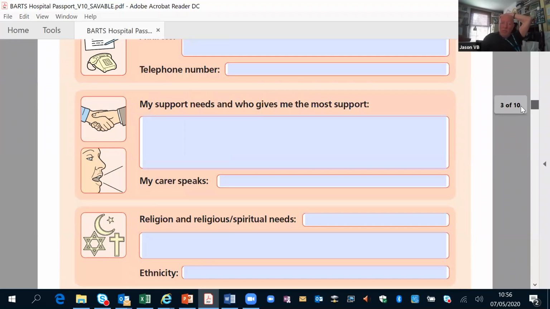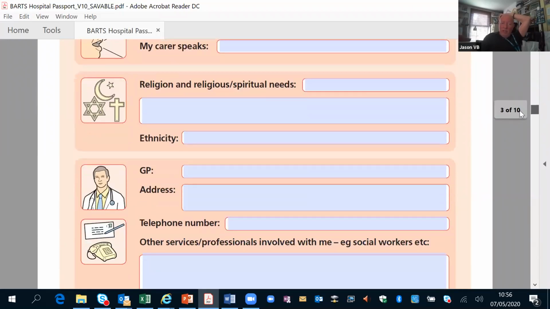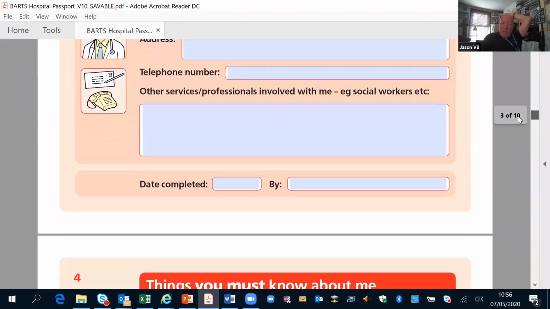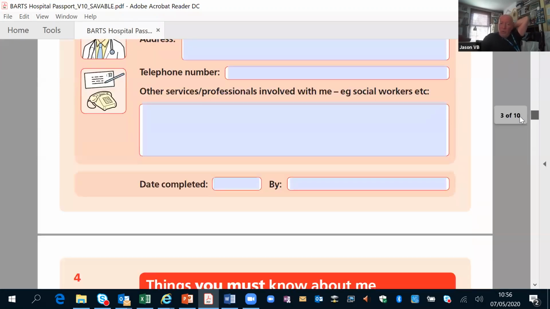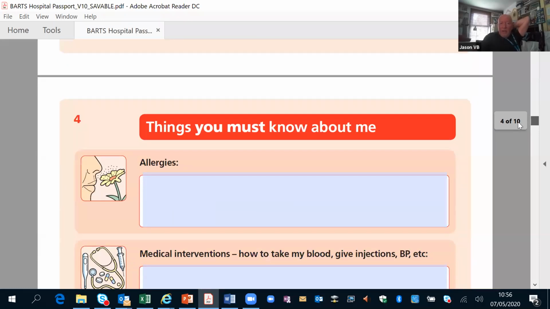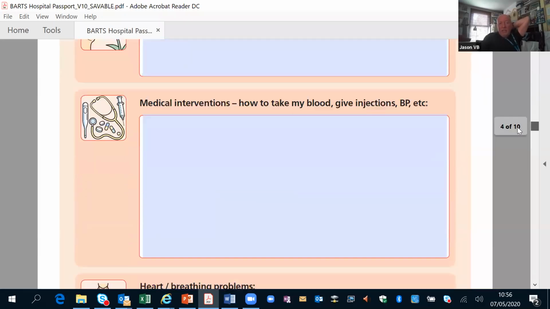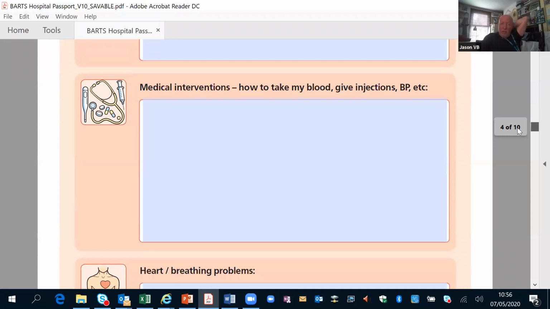This is all the red zone, by the way. Religious and cultural needs, GP, and then other professionals working, like you might have therapists, speech and language, OT, or social workers in there. And then again, still in the red zone, allergies. This is the bit, medical interventions, where you put about, can you take blood from me?